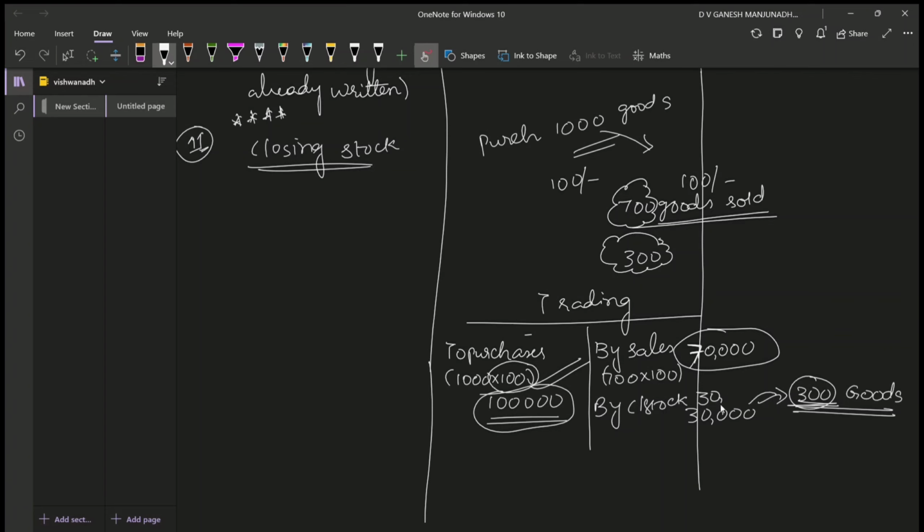The closing stock would be 30,000, that is 300 units at 100 per unit. This is what closing stock is. Now we are going to look at the entry for this closing stock and how to value it.